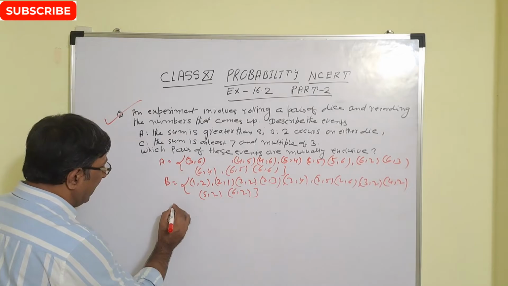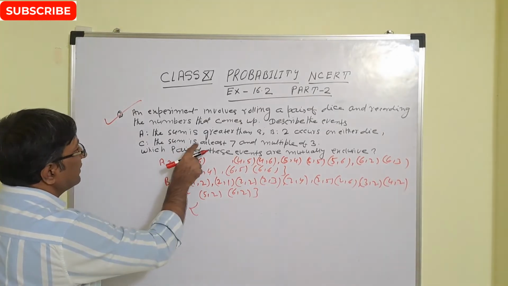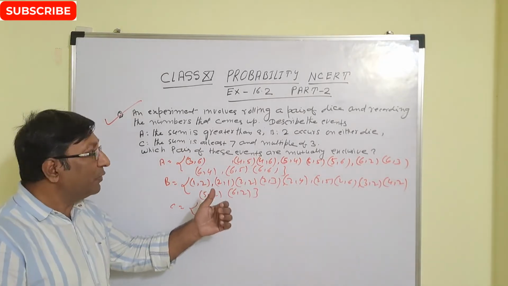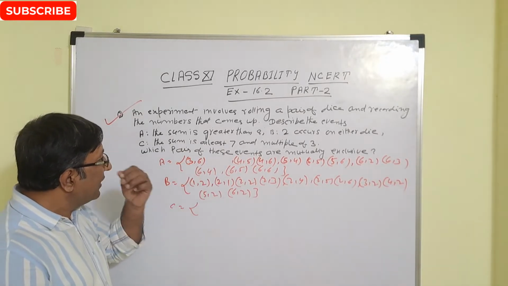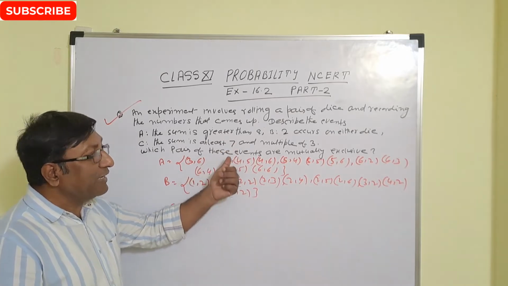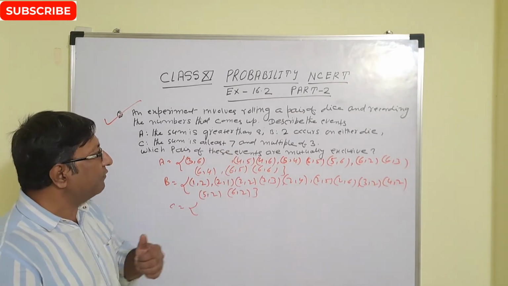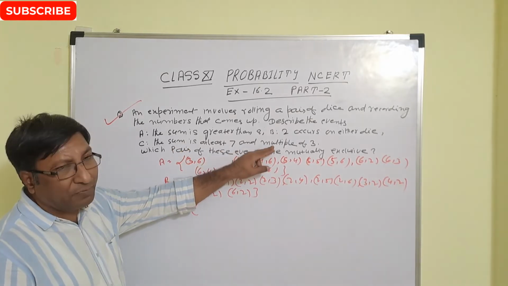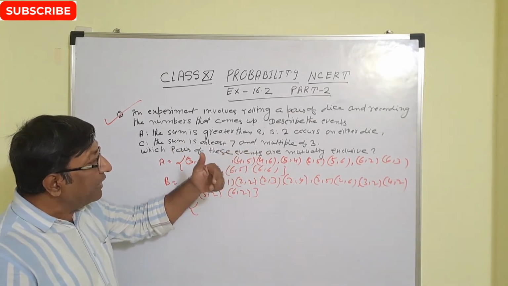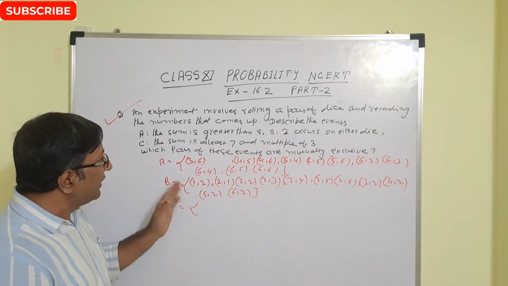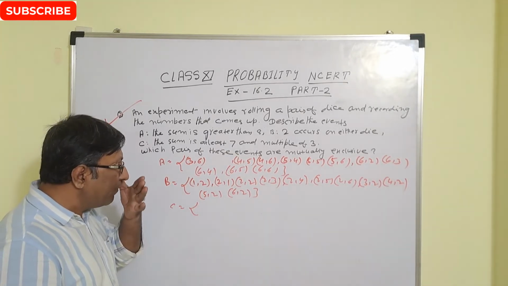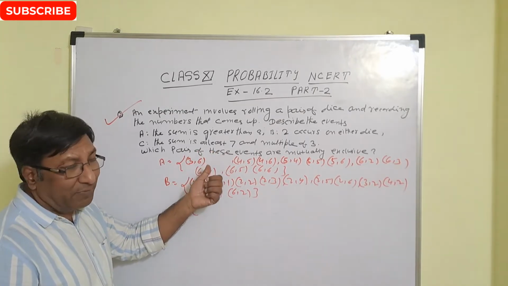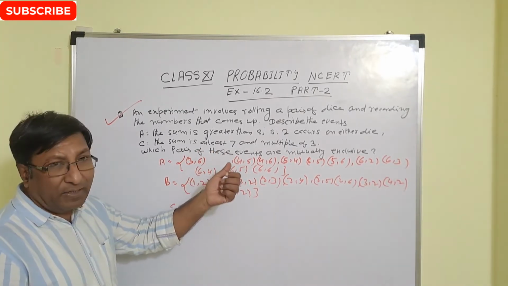And now what is C? The sum is at least 7 and a multiple of 3. So the sum should be at least 7 and a multiple of 3. When we take from the first, 1 plus 5 is 6, which is not 7. 1, 6 is 7, but it is not a multiple of 3.